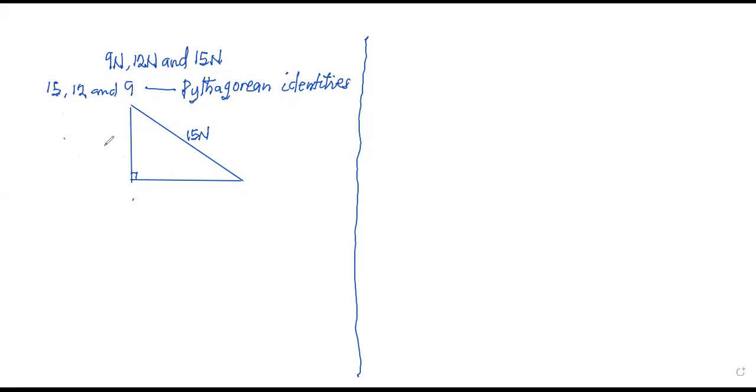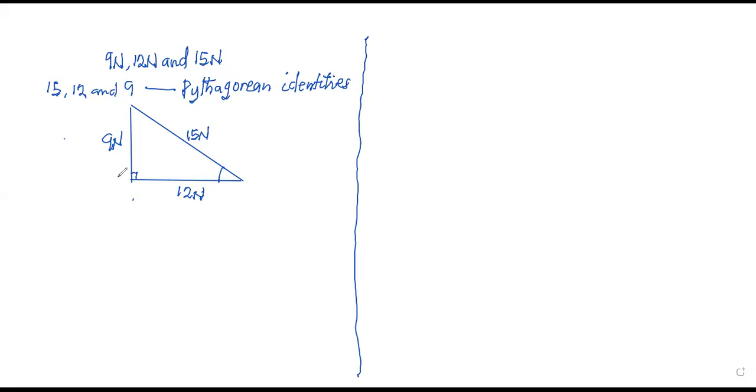The opposites can be 9 or 12, whether you bring the 9 here or the 12 here or the other way around, it will still work.